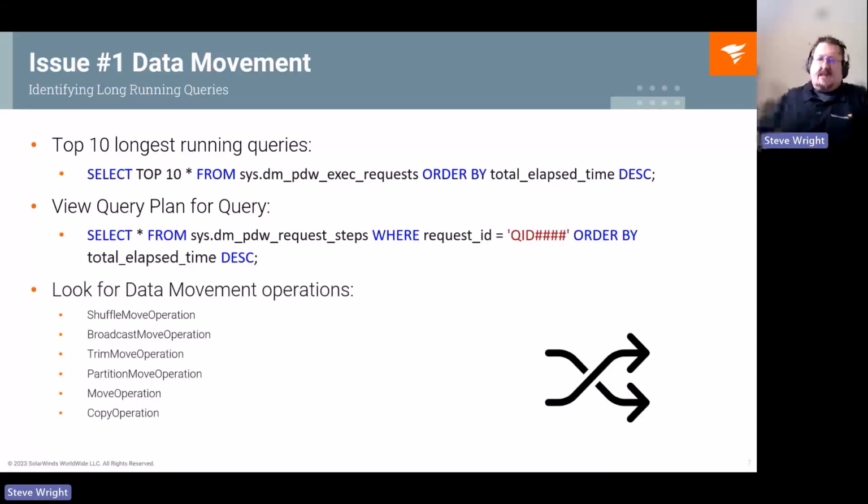Then once you've identified those, part of the results will include your QID, your query ID. You can then look for the plan for that query. Basically, there's another system view that breaks that execution down into the individual request steps that show you what was done with the data, what compute nodes were doing what work, and how much data movement was going on.